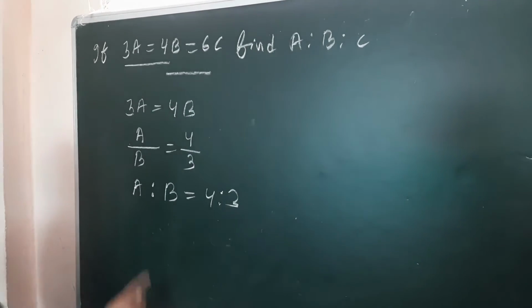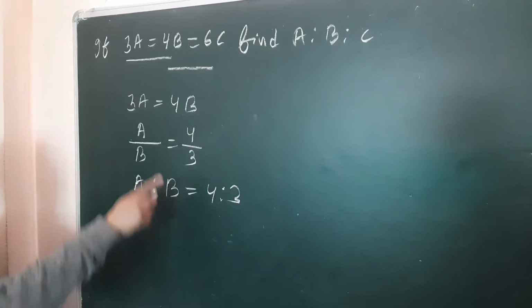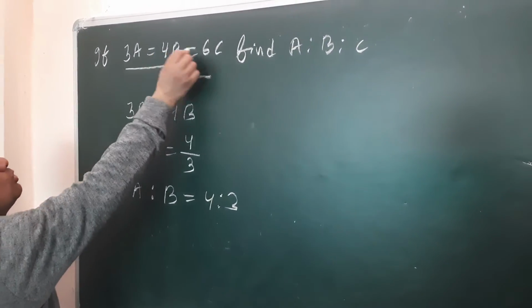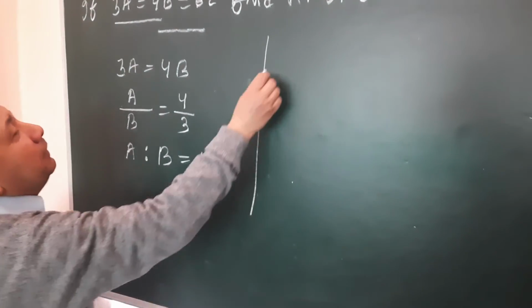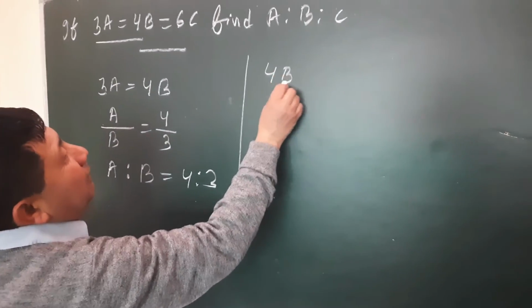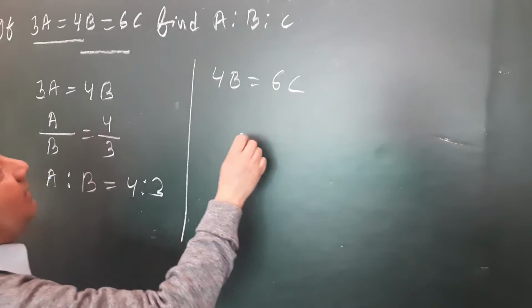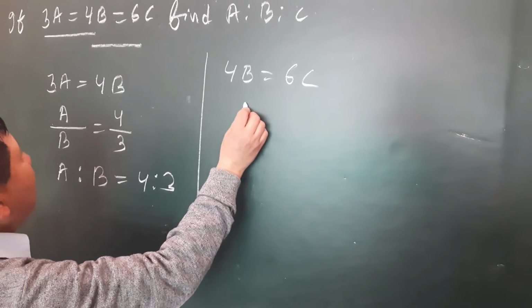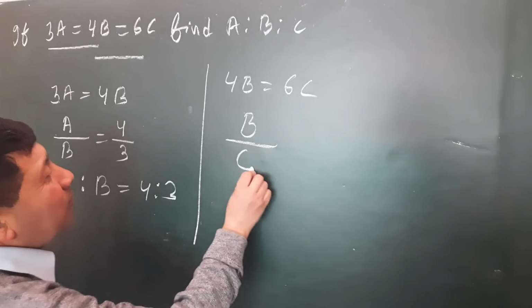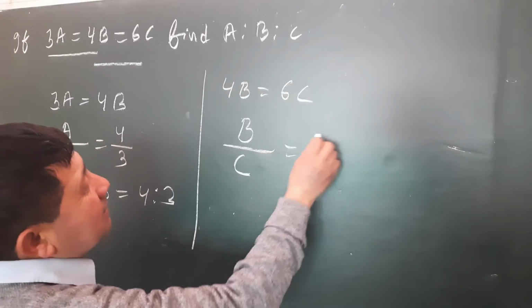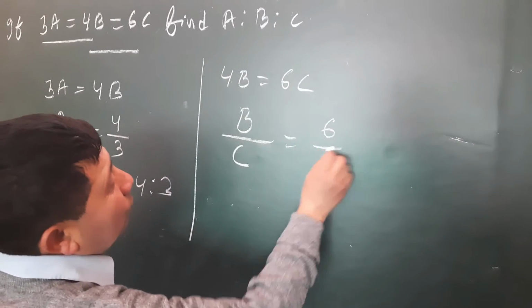First you have to change it into a ratio. So next one, these two. Okay, I will do it here. So 4B equal to 6C. So again same way, here is B, so write down B. This C will come down here, and this 6 here and here 4.